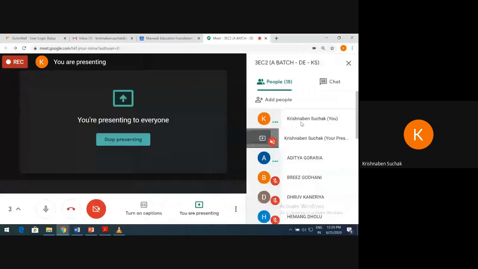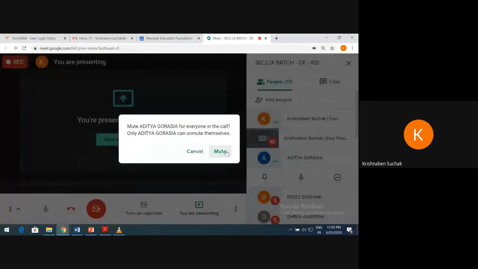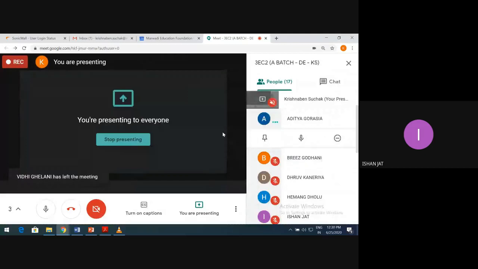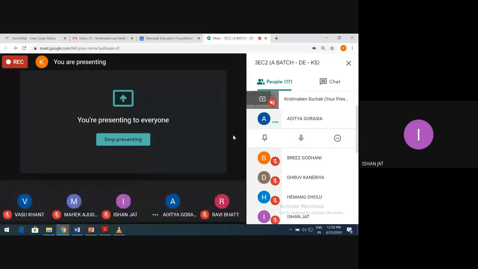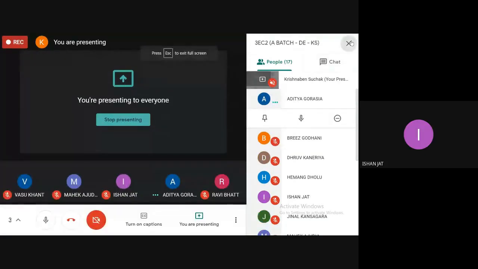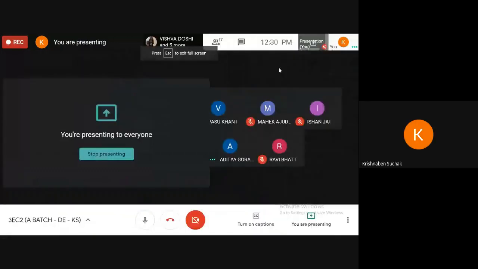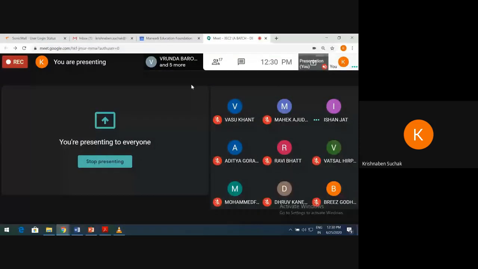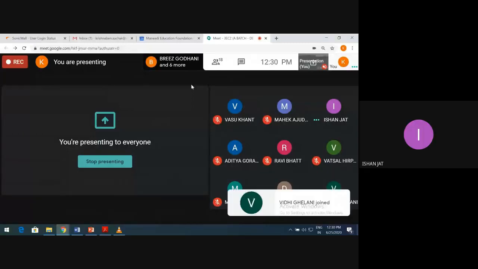Ishan, unmute yourself, please. Yes, ma'am. What did you see here? A bike that filters water just by pedaling.